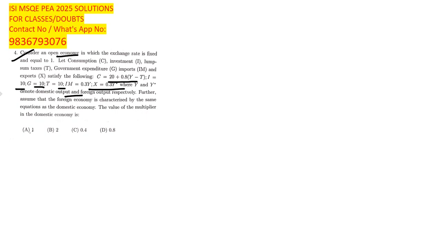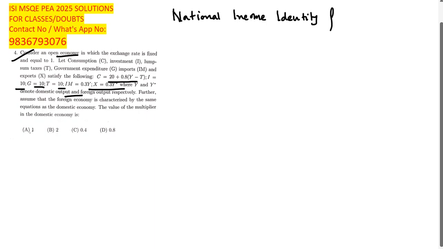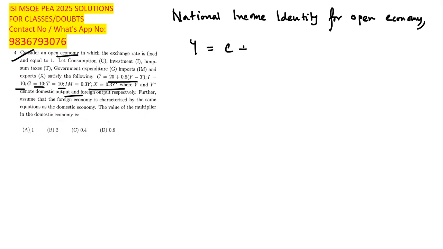Okay. So now to find out the value of the multiplier, we know that the national income identity for an open economy is represented by Y is equal to C plus I plus G plus X minus M. So now we have to substitute the functions.